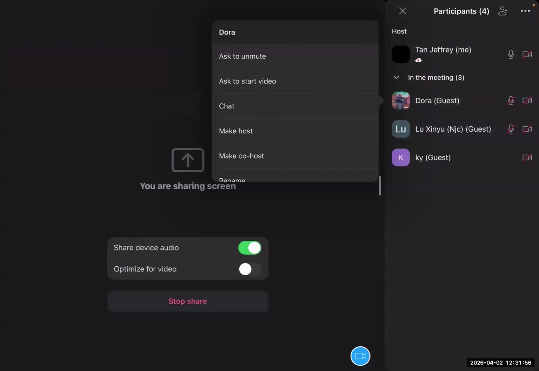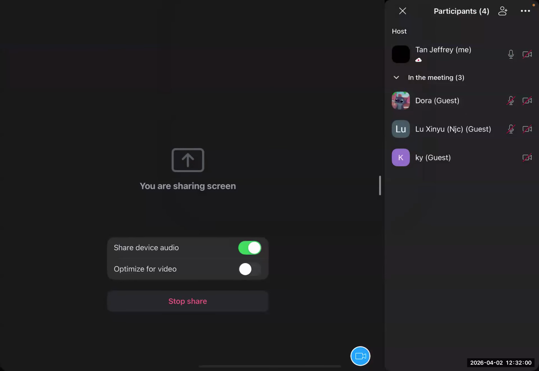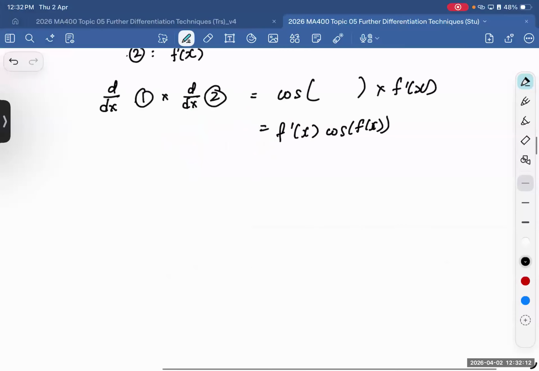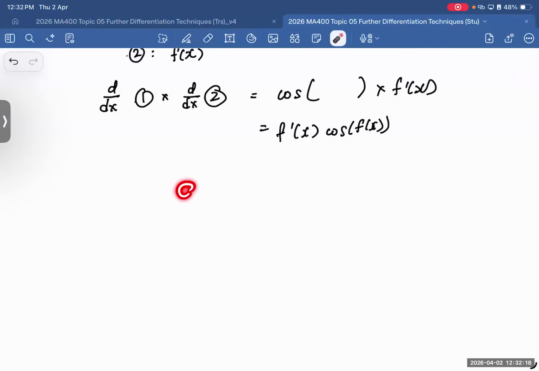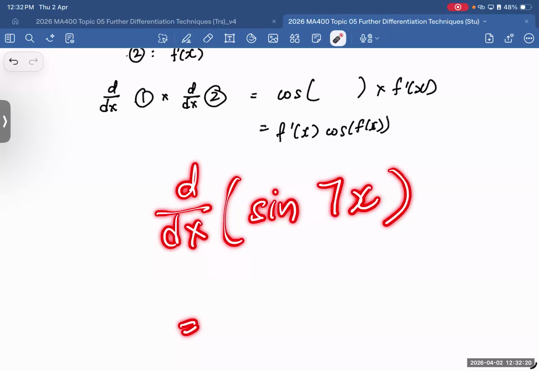So it's f prime times cosine f(x). Clear? Now I ask you quickly, let me ask Sean, because I saw you paying attention. Differentiate sine of 7x. Very good.